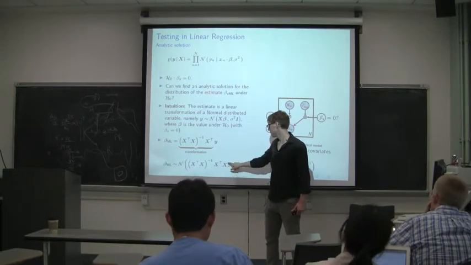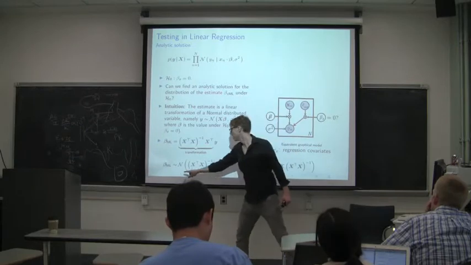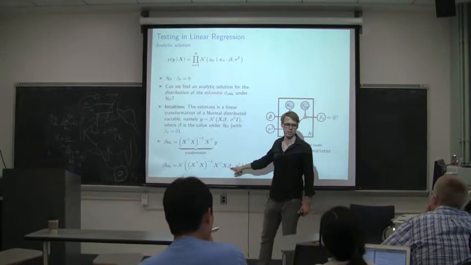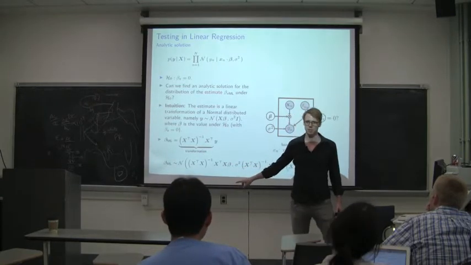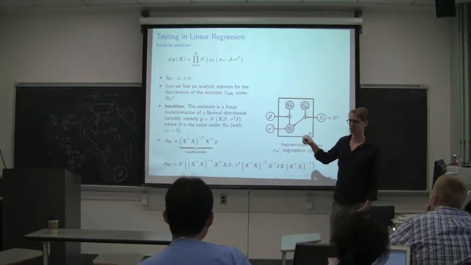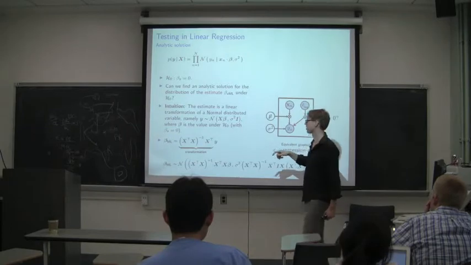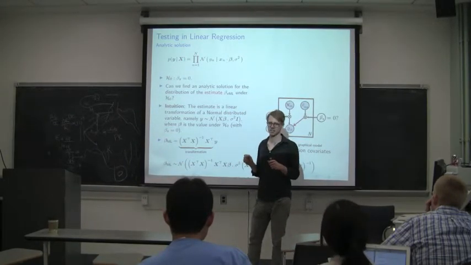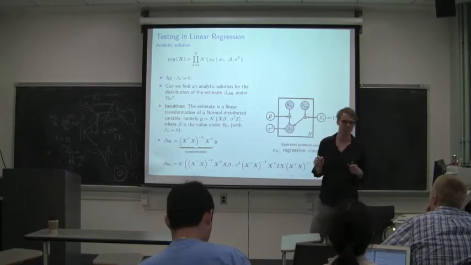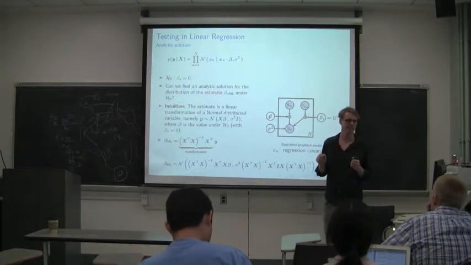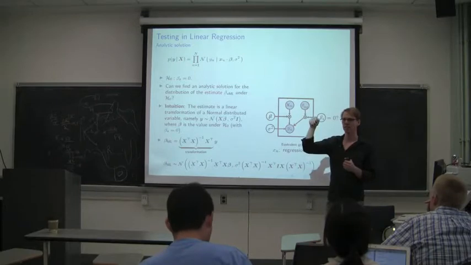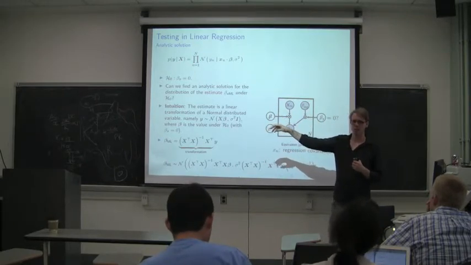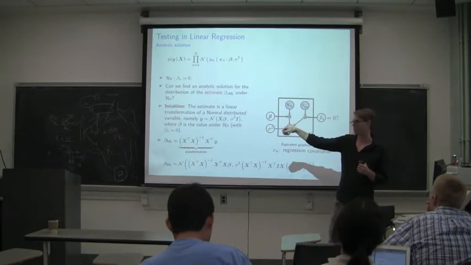The expectation of the maximum likelihood estimate is the true beta, which means that the difference between the expectation of the estimate and the true parameter is 0, so it's an unbiased estimate. If you have heard about bias and unbiasedness, an estimator is unbiased if its expectation under the true data distribution equals the true parameter.